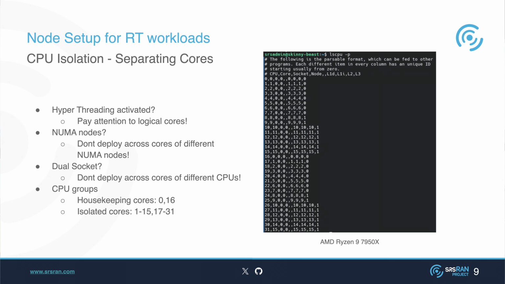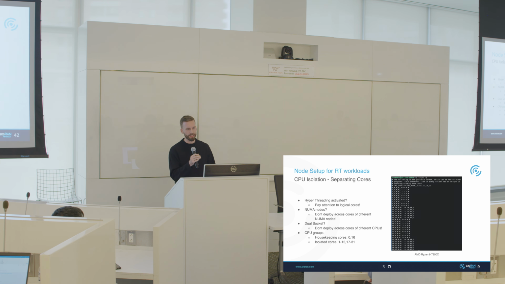So when you have hyperthreading activated and you want to separate the CPU cores into two groups, the housekeeping and the isolation CPU groups, you have to make sure that if you choose, for example, core 0, and you have hyperthreading activated, you have a logical core and a physical core, and both share their cache memory.